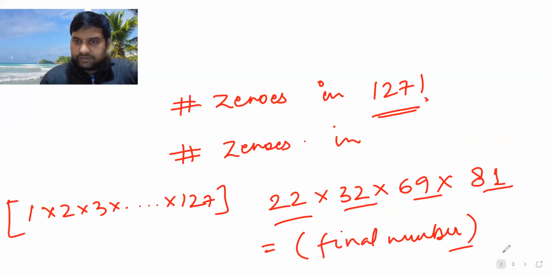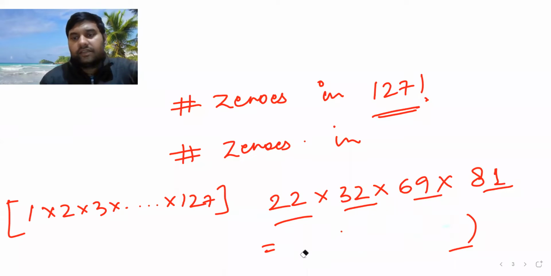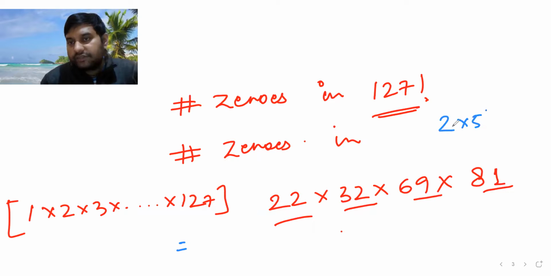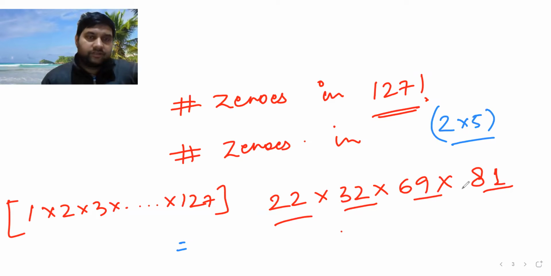Now let's go to the previous example. Let's take this one. Here we have to find out what is the number of zeros, correct? Let's see how we can go about this problem. We have to basically find how many 2 into 5s are there in this expression.